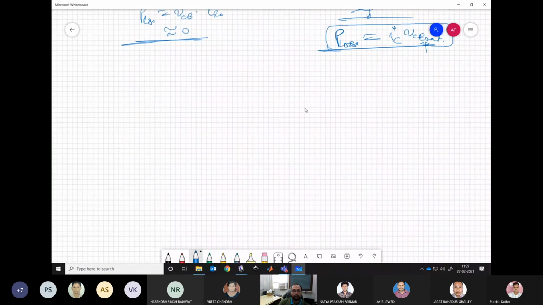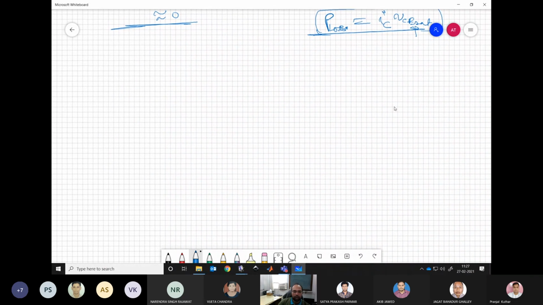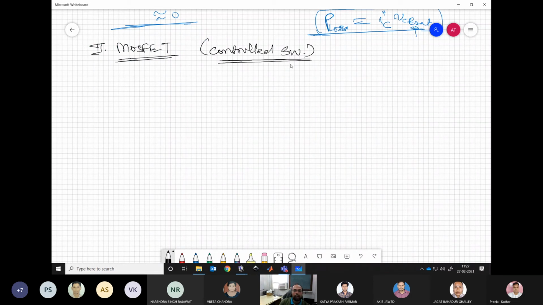Now another very famous device which is there in most of the power electronic converters is the MOSFET. We know that this is also a controlled switch, and this is a voltage controlled device. So symbolically we have this device, an N channel MOSFET, and by default these MOSFETs come with a body diode.